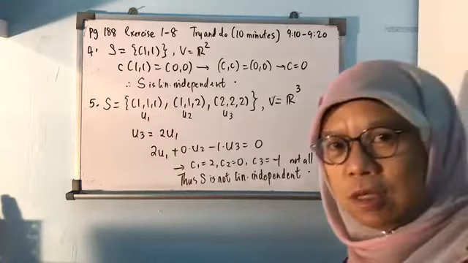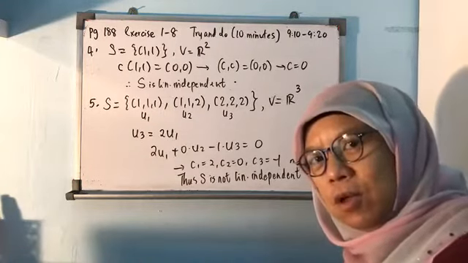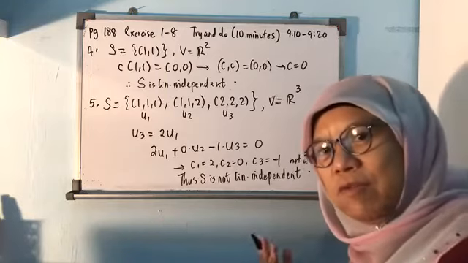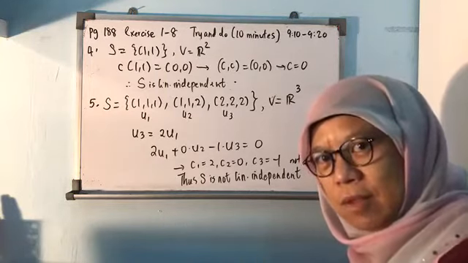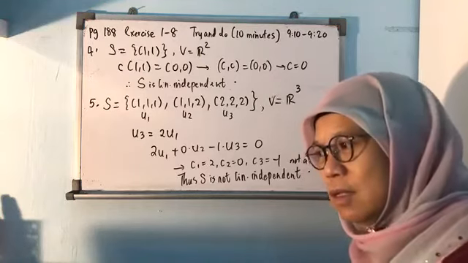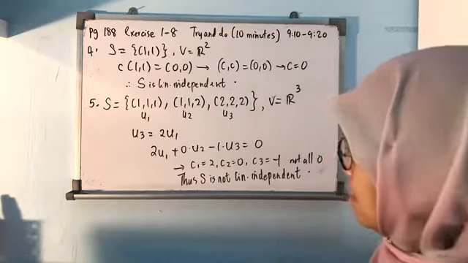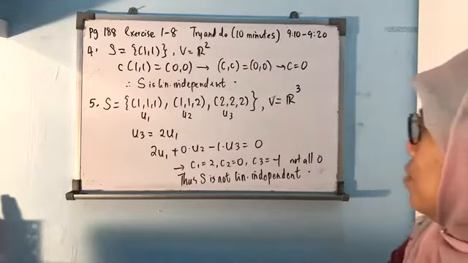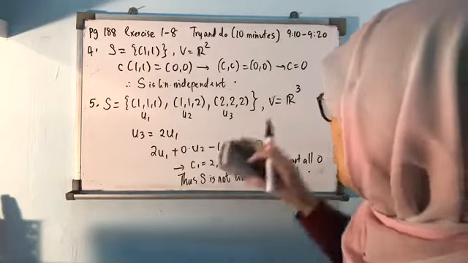So there's also a theorem: if there is a vector which is a multiple or linear combination of the other vectors, then it's linearly dependent. I will give the theorem later. So there are tricks we can follow. Now I will write following the definition.